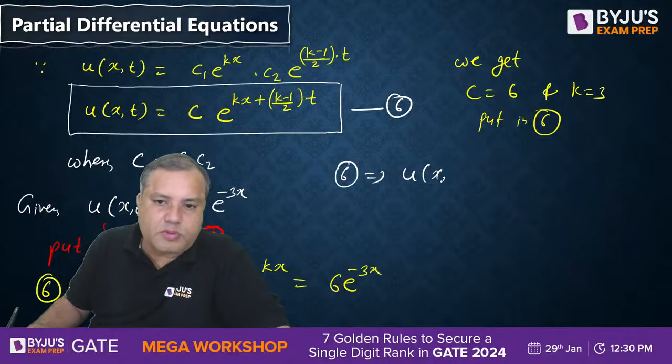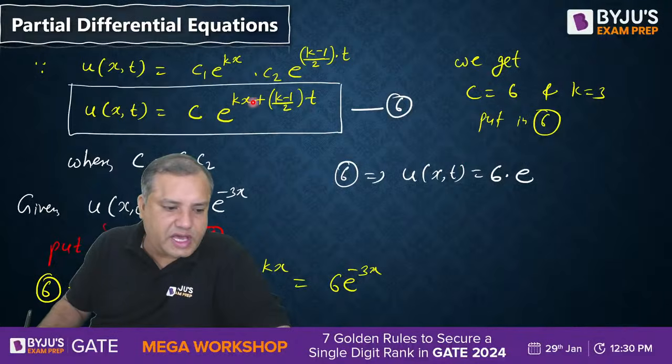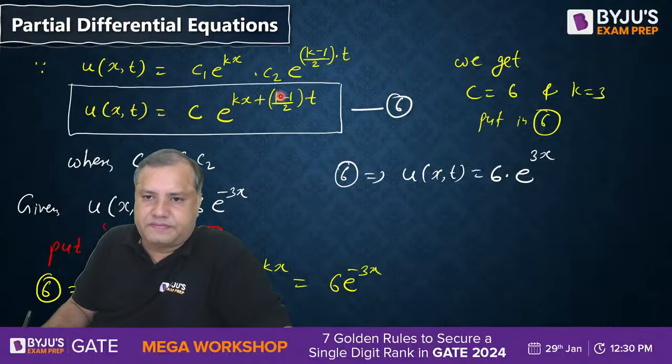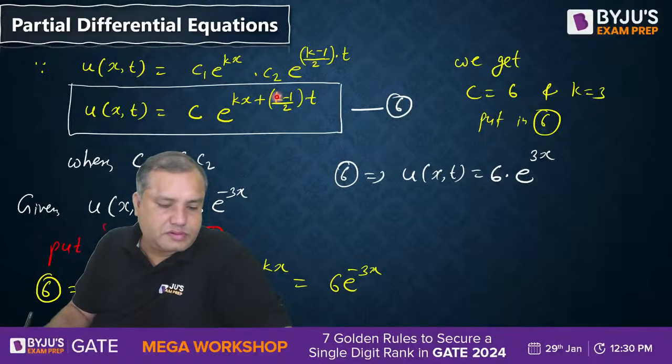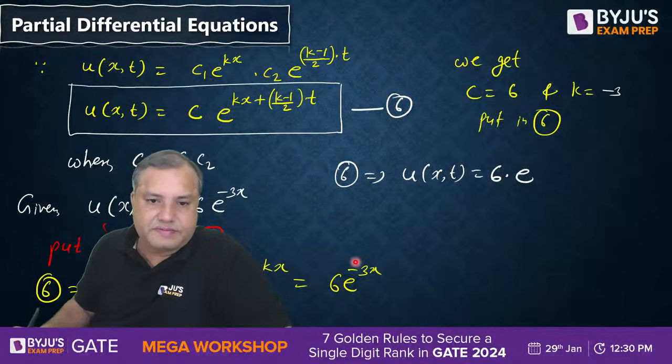So u(x,t), c is nothing but 6 e raised to kx, k is 3. K is minus 3, that was my mistake, k is minus 3.